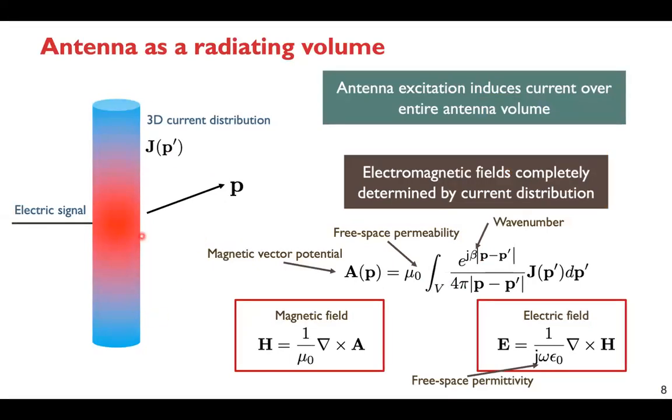And if we know that current distribution, using Maxwell's equations, we can calculate both the radiated magnetic field and the radiated electric field. Now, the issue here is that this current distribution can be difficult to obtain in a continuous form, that is, knowing the current distribution at each point along that antenna.